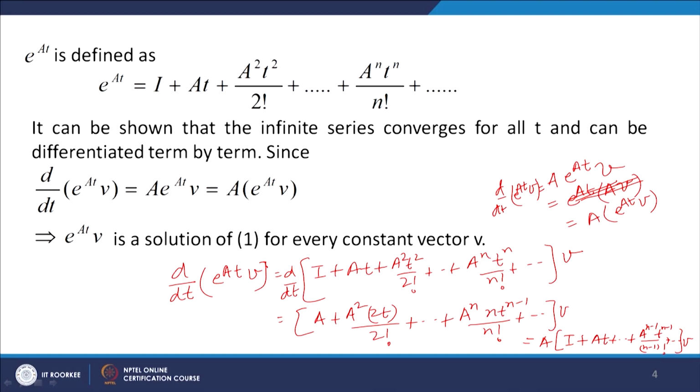And therefore, our differential equation is dx by dt equal to Ax. So, in this, if we replace x by e to the power At into b, what we get is d over dt of e to the power At into b equal to A times e to the power At into b, that is what we get here. So, e to the power At into b is a solution of the vector differential equation 1 for every constant vector b.